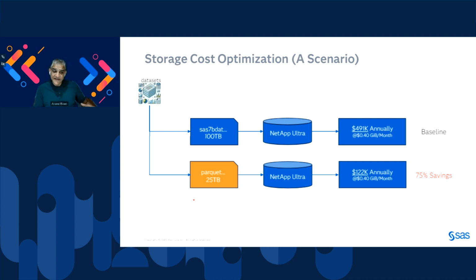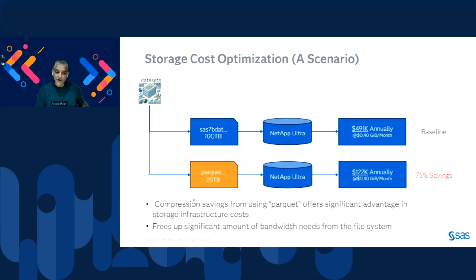Now I am saving 75% of capacity on the same infrastructure, and that's 75% saving purely from the compression and encoding benefits of Parquet. In addition to the capacity, we're also freeing up a lot of IO throughput because we have to read so many fewer bits to perform the same operation.